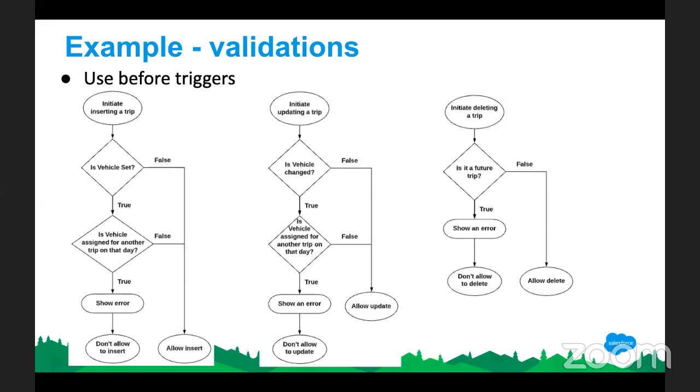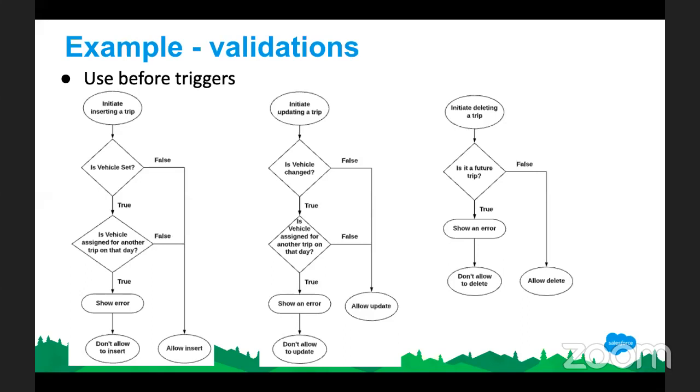So how can we use triggers for validations? I'm inserting a trip, and if the trip has a vehicle already set, and if the vehicle has another trip on the same date, we should not allow that trip to be created.